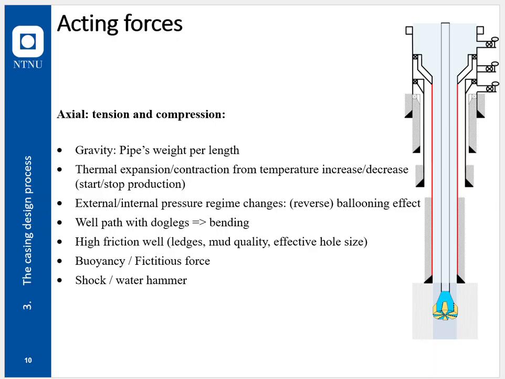We have what is called ballooning effects, that come from external or internal pressure. They always tend to give us tension. We have bending. It comes from putting pipes through a curvature. And then what is called buoyancy.